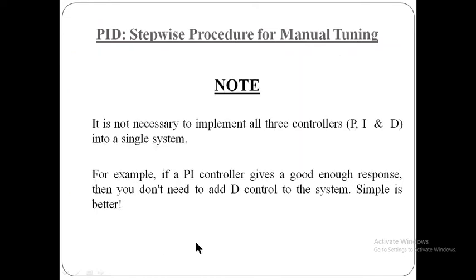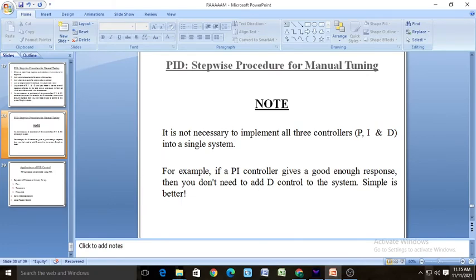Note again that it is not necessary to implement all three controllers in a single system. If the PI control is sufficiently giving a response, then it is not a must to add the D controller, because simple is better.